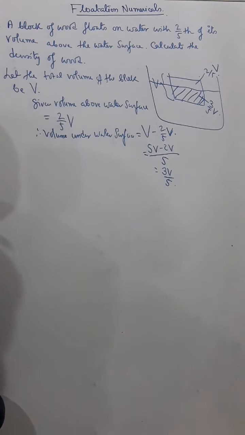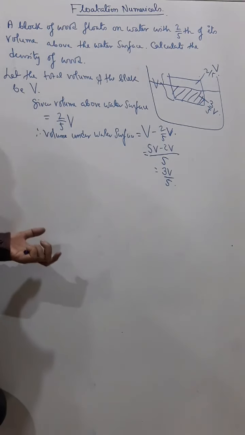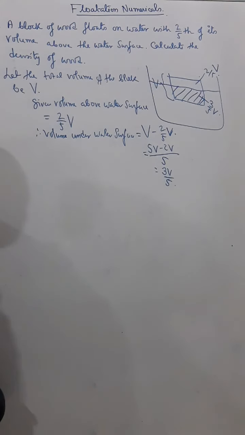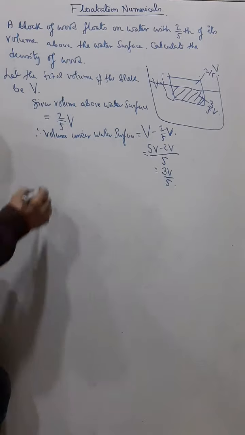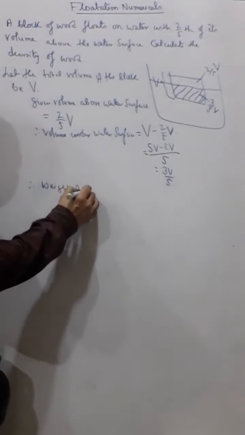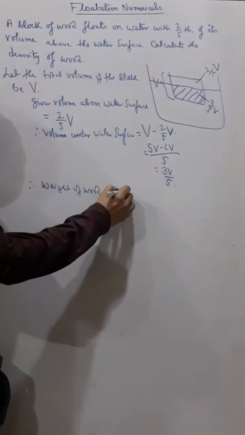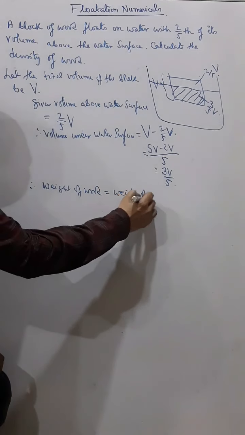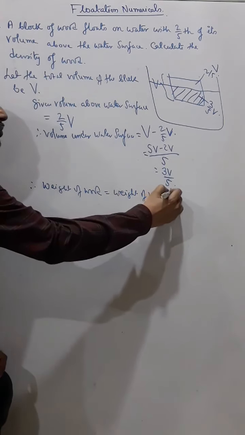We can easily get the density of wood, because the density of water we already know. They will not give you that; the density of water you have to always use as 1 gram per centimeter cube. Now we can say, therefore, weight of wood equals weight of water displaced.